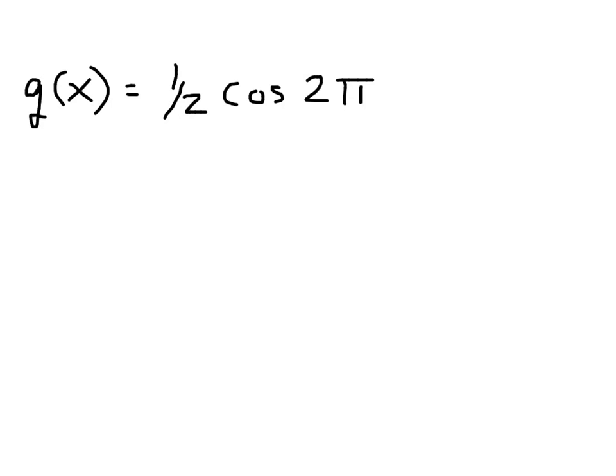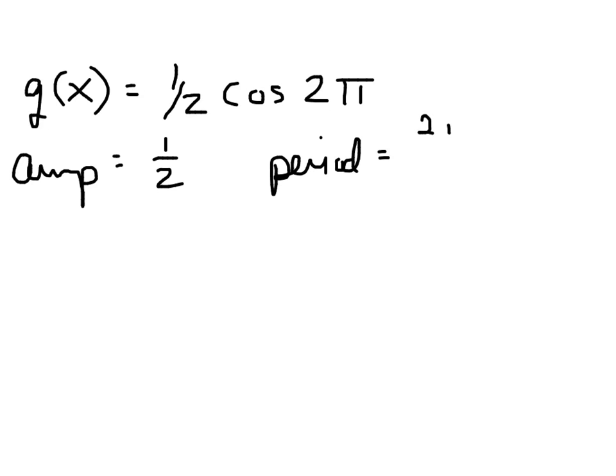So, what number is in the A? 1/2. So the amp, what's the absolute value of a half? A half, good. As far as finding your period, it's 2 pi over, what number was in the B? 2. And what cancels? The 2's, so what are you left with? Pi.